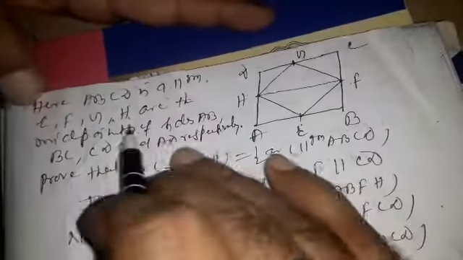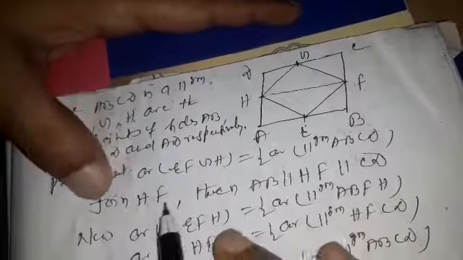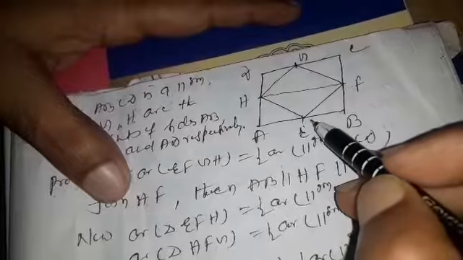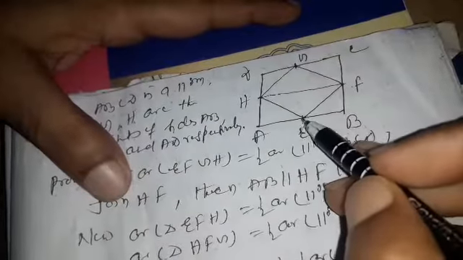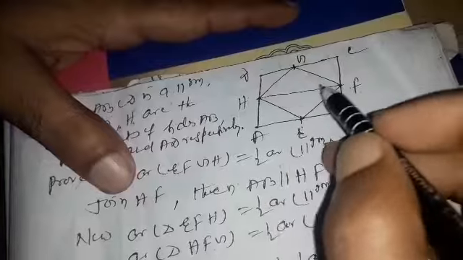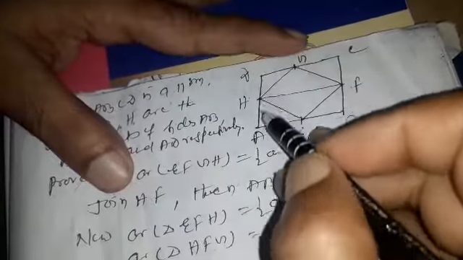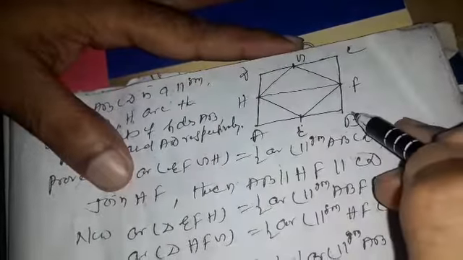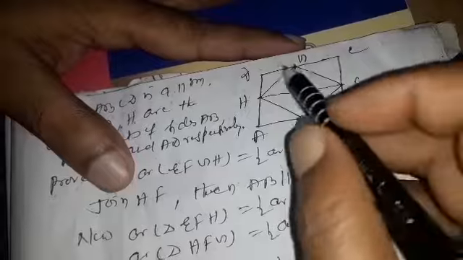So here we join HF. H and F are the midpoints of sides AD and BC, and AB is parallel to CD.